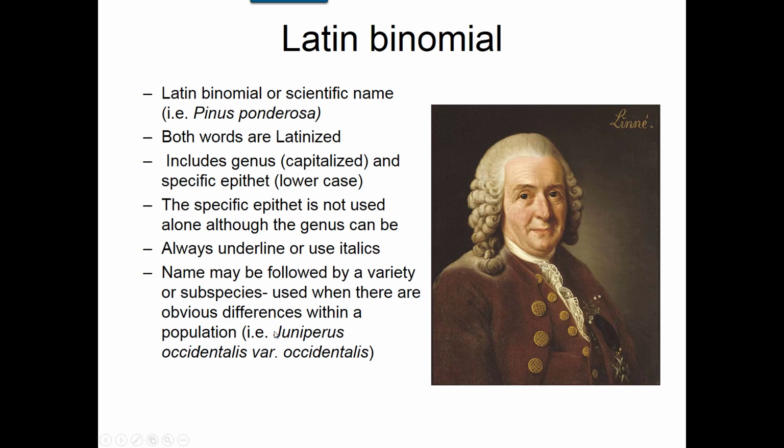And you can see that here, written here for Juniperus occidentalis. That's an example of a plant where we've identified different varieties, and those are used when there's obvious differences between populations or somewhere within the species.